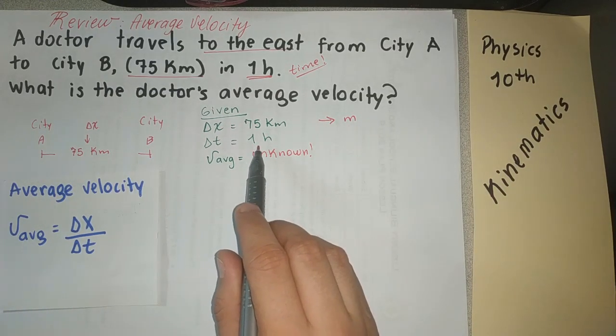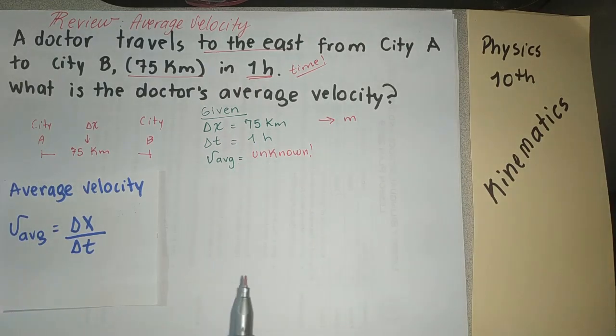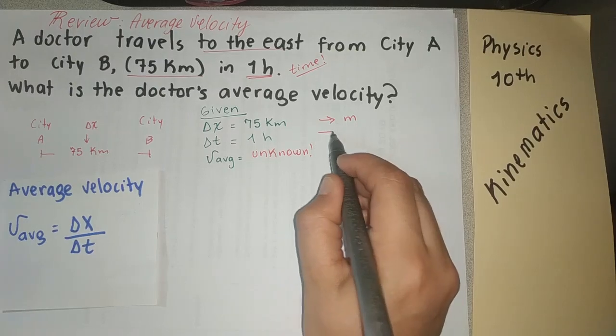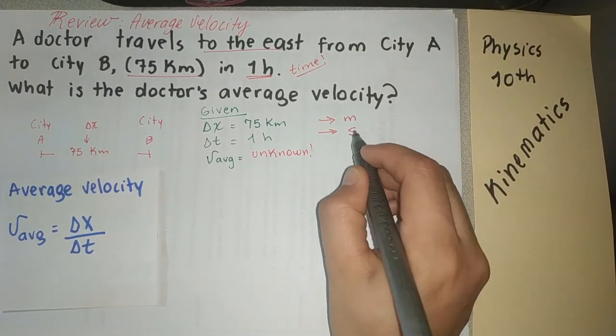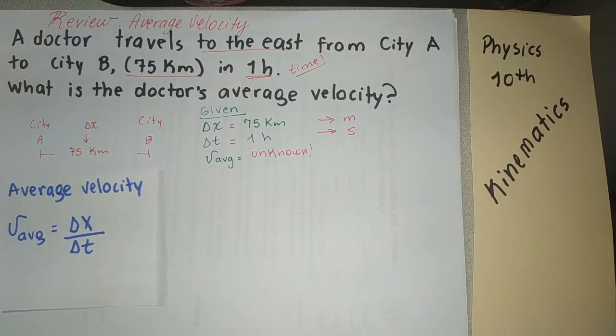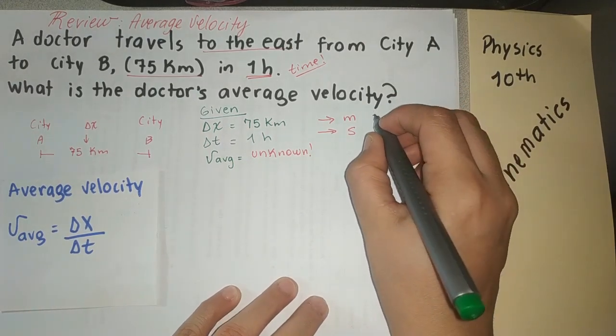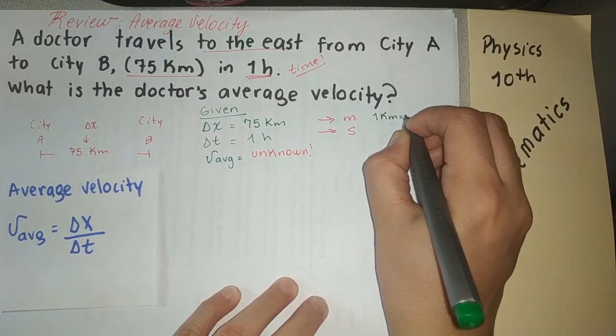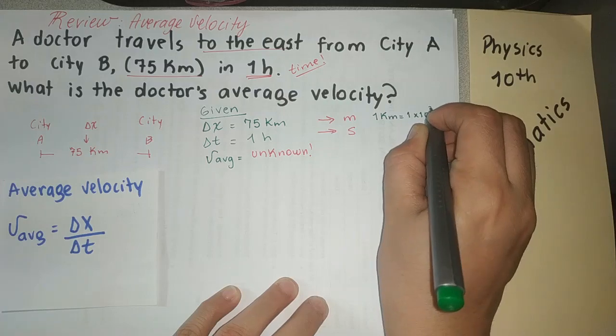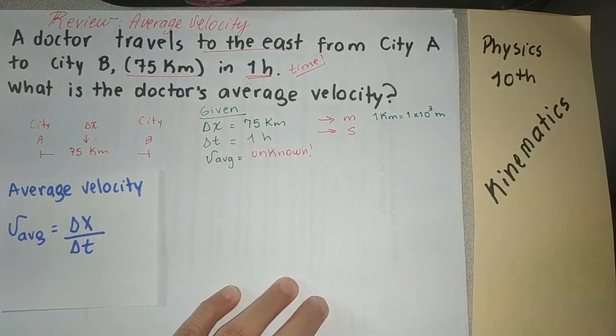Now, the SI unit that we use to measure time is not the hour, it is the second. So first of all, we're going to do a conversion from kilometers to meters and from hours to seconds. Remember, in 1 kilometer, there are 1 times 10 to the third power meters.